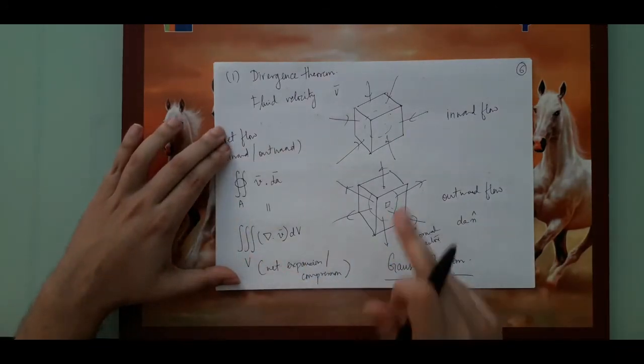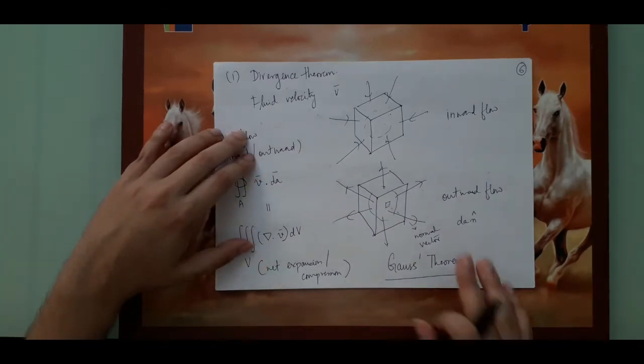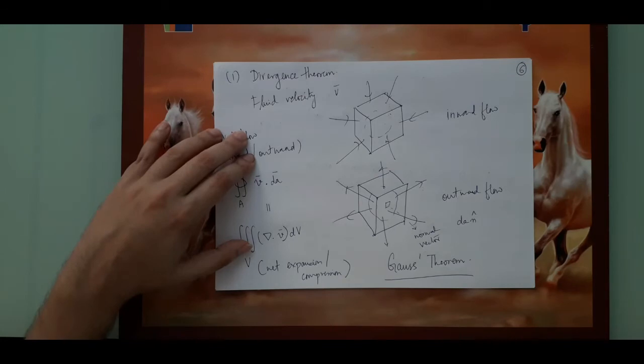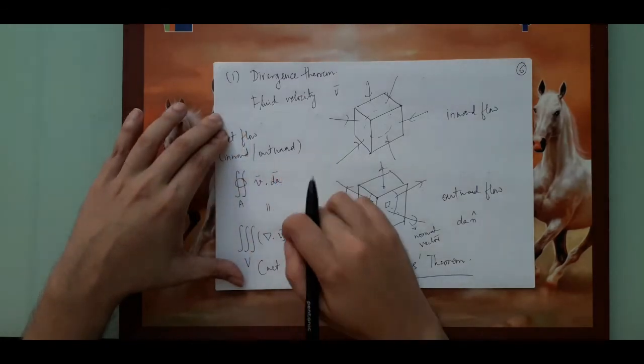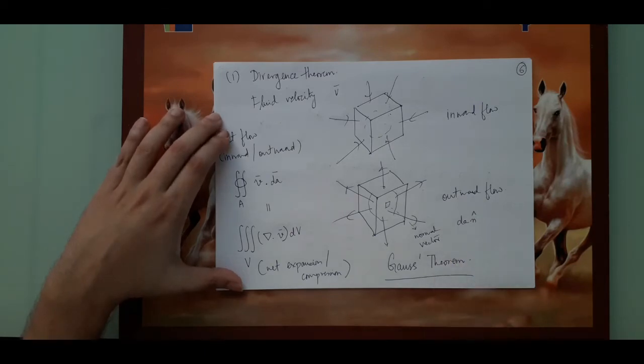Whereas the net expansion or compression is nothing but the amount of charge inside the surface. So Gauss had first proved this, and then he proceeded to explain his law about electric fields. So this is a general case. The divergence theorem can be used to explain Gauss's law in electric field also.